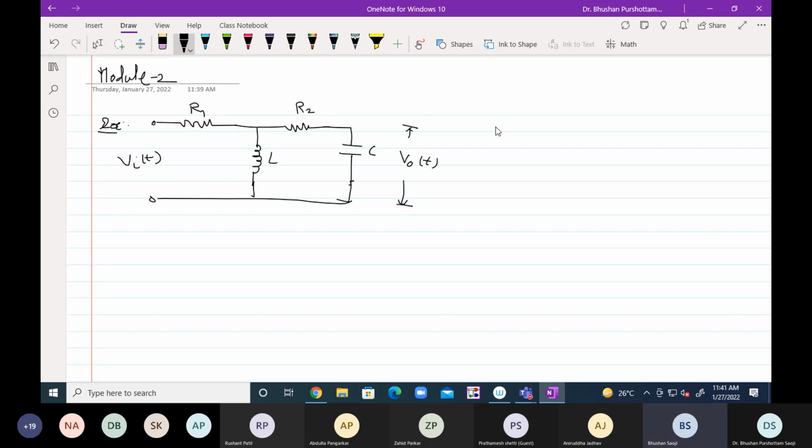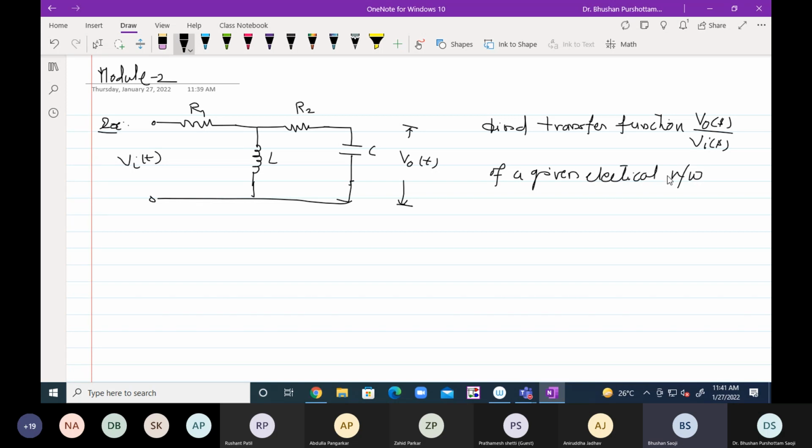Now find the transfer function V0 of S divided by Vi of S of a given electrical network, which is shown in the figure.